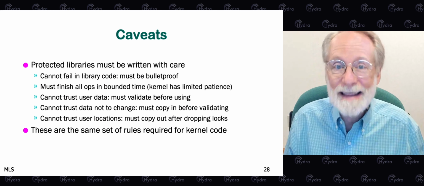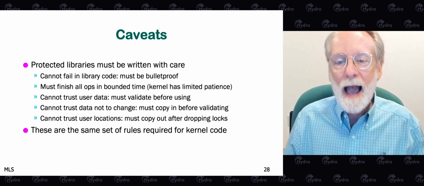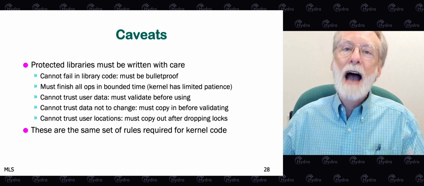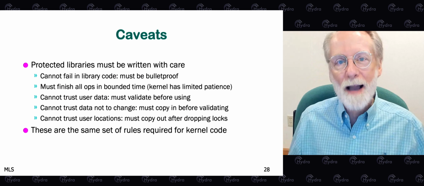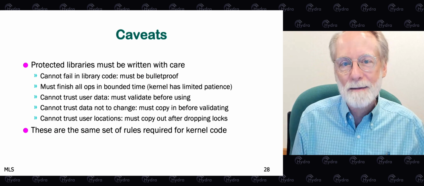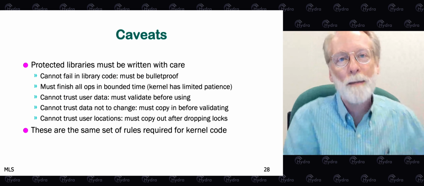There's no way to prevent that, but the library can always do it as the very last thing. After performing its operation, after dropping all locks so that no other instance of the library is dependent on the correct behavior of this library instance anymore, then we can copy back to user space.